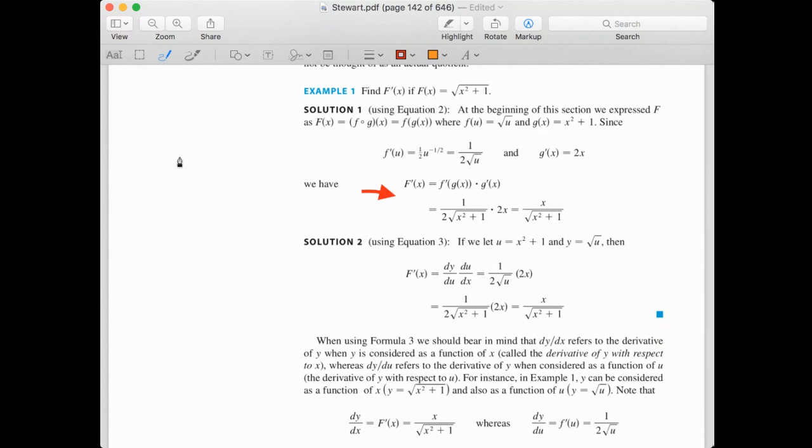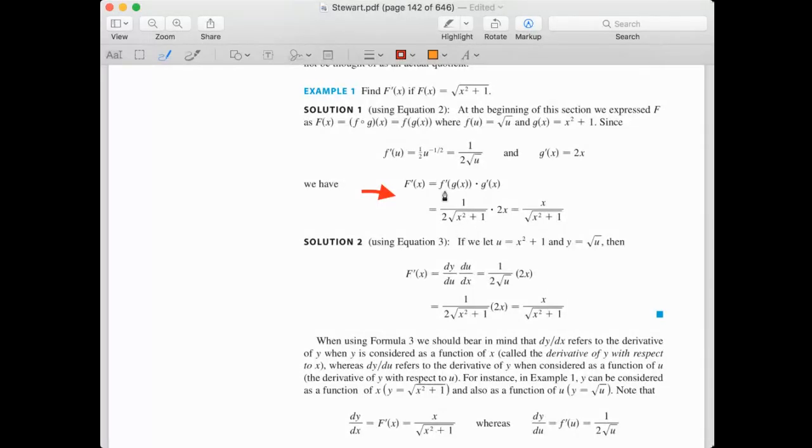So remember what's the derivative of square root of x? Remember I asked you guys to try to remember it. So the derivative is 1 over 2 square root of x, right? So f prime is 1 over 2 square root of the input. The input g of x is x squared plus 1.